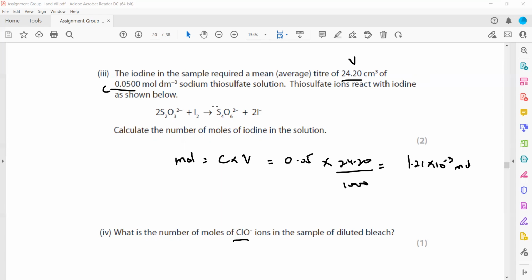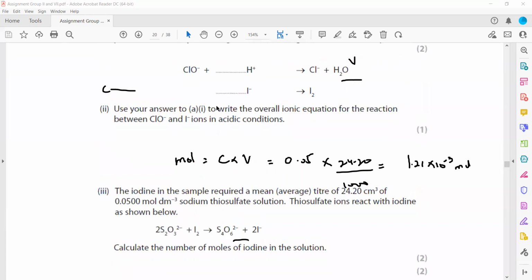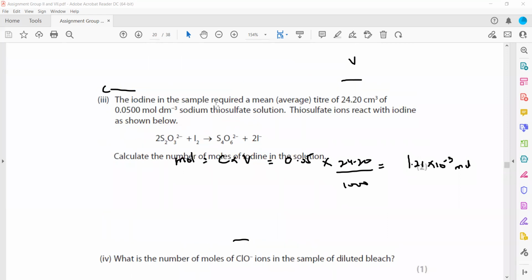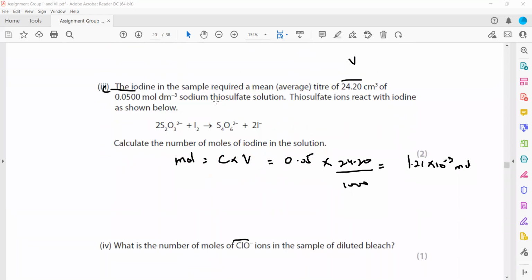I'll write this equation again, because we need the previous equation for the reaction, so that we can work out the number of moles of ClO⁻.